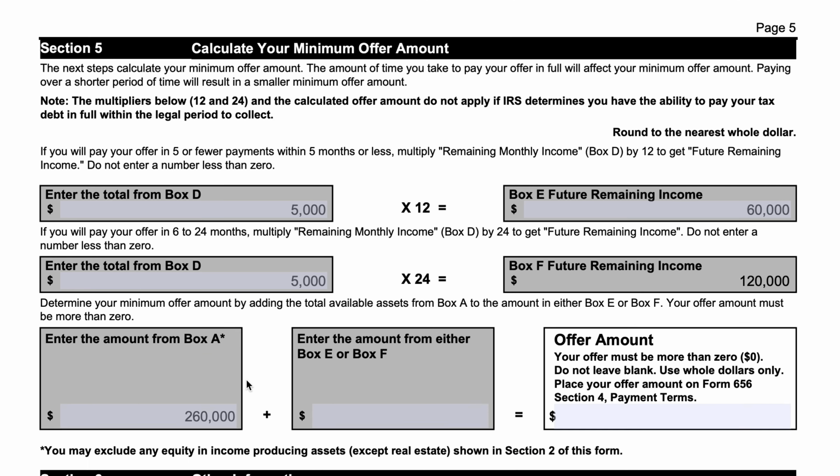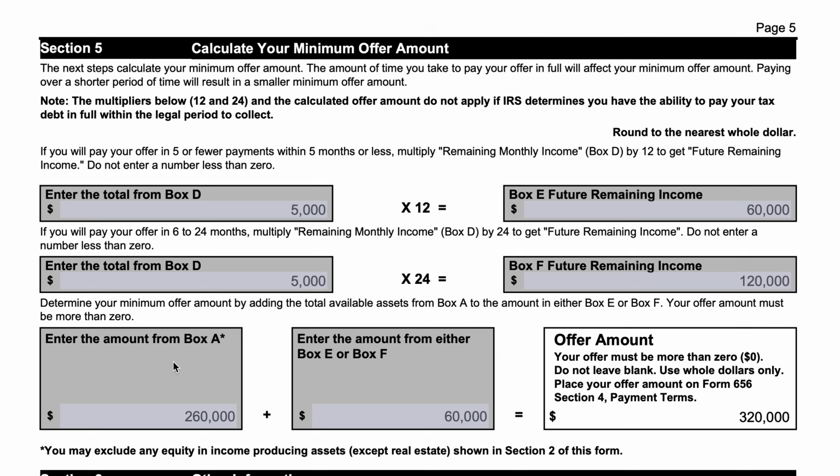So we've already got the amount of assets in box A, and you're going to take either the box E amount or the box F amount and put that in here. And then you add these two up. And that's going to be what you place into section 4 under your payment terms for your offer in compromise.